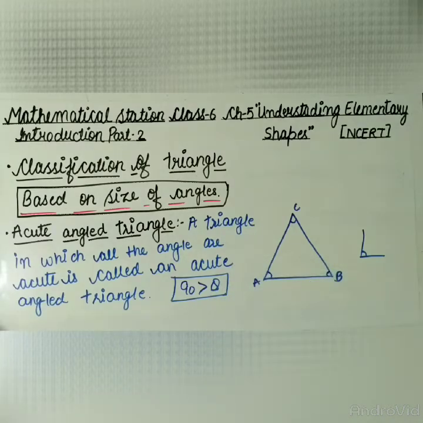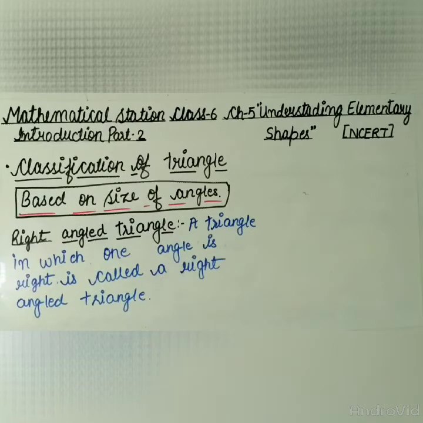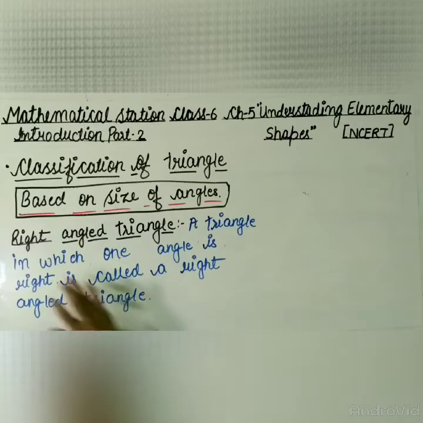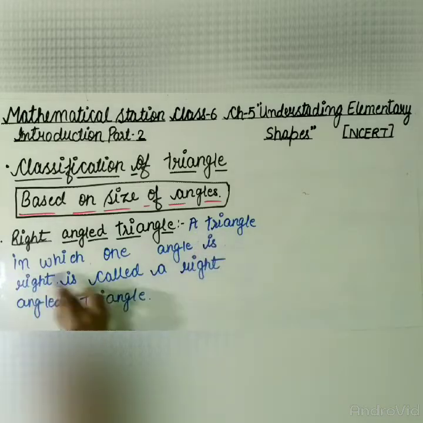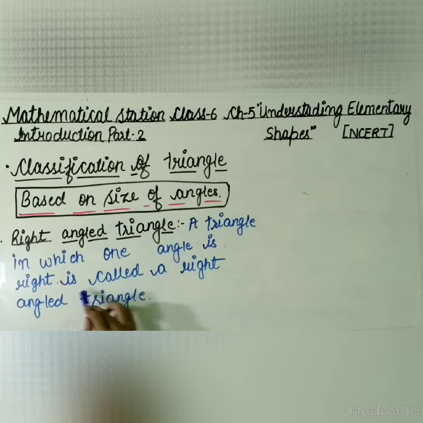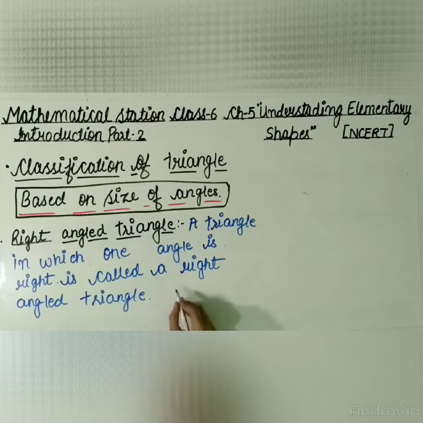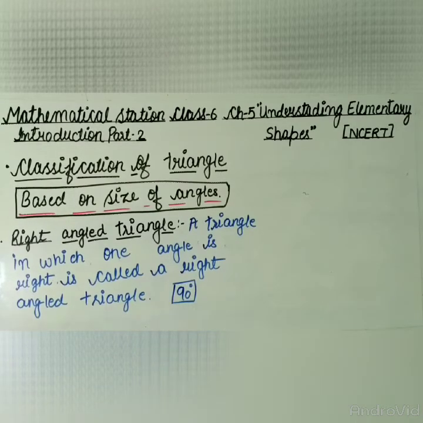Next, under it is right angle triangle. A triangle in which one angle is right is called a right angle triangle. In a triangle, if one angle is a right angle, means of 90 degrees, then the triangle so formed will be called a right angled triangle.